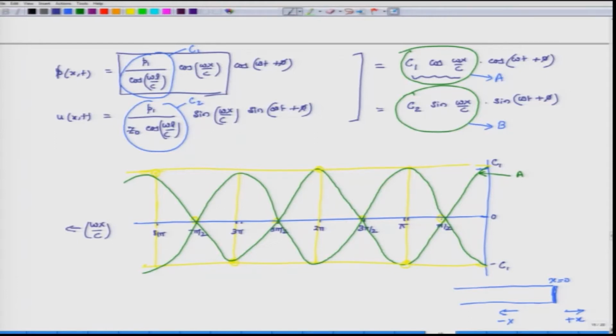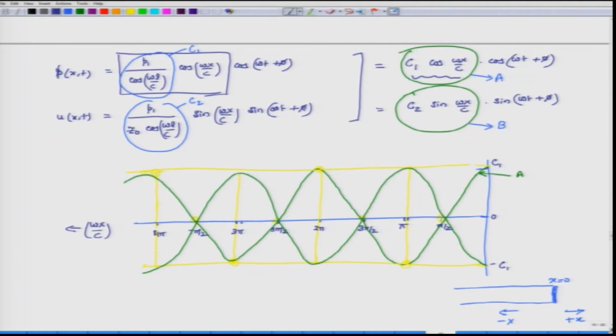What that means is that for different values of x, the value of maximum pressure changes. At x is equal to 0, the maximum pressure is C1. At some location, when omega x over c is pi by 2, the maximum pressure at that location is 0.